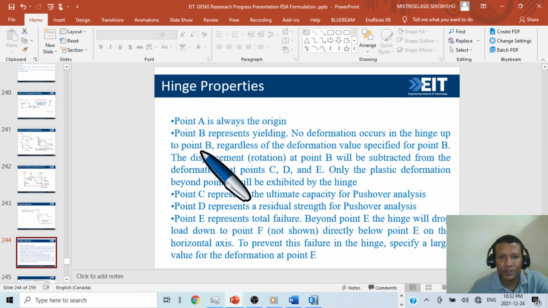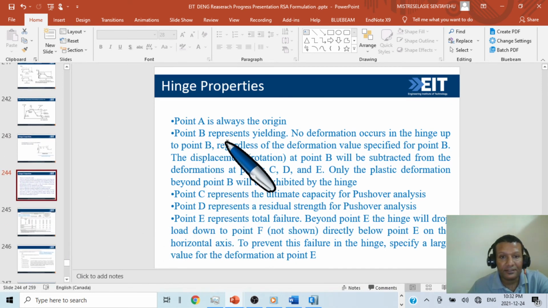What is point A, point B, point C? Everything is given. Please read it, because point A is always the origin. Point B represents yielding. No deformation occurs in this hinge up to point B. So this is the point of yielding regardless of the value specified for B. Point C represents the ultimate capacity for pushover analysis.